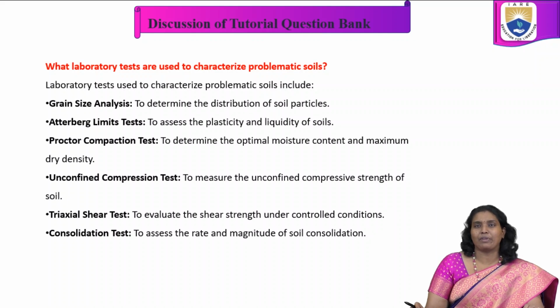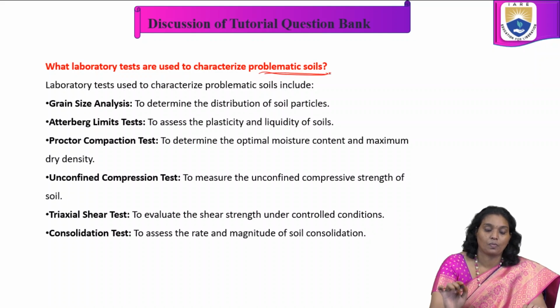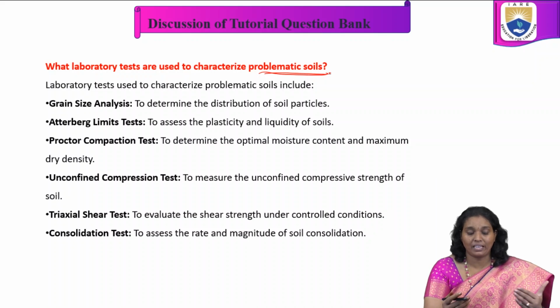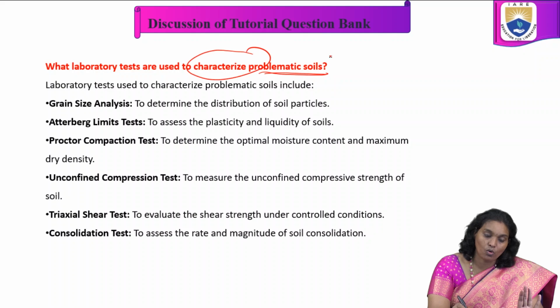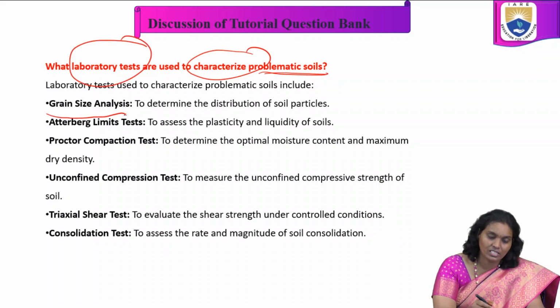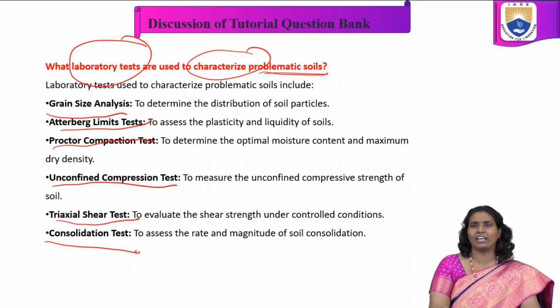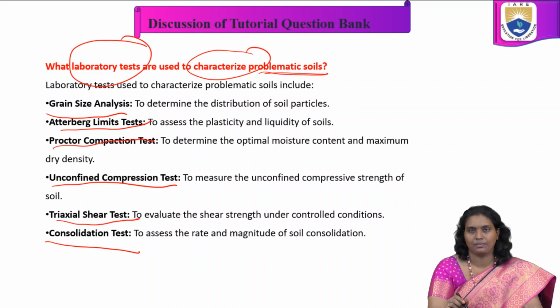So, what are the laboratory tests used for characterizing problematic soils? Same as previously, but this is from the characteristics point of view. They are asking only for laboratory tests. Now: grain size analysis, Atterberg limits test, Proctor compaction test, unconfined compression test, triaxial shear test, consolidation test. These are the various laboratory tests involved for problematic soil.